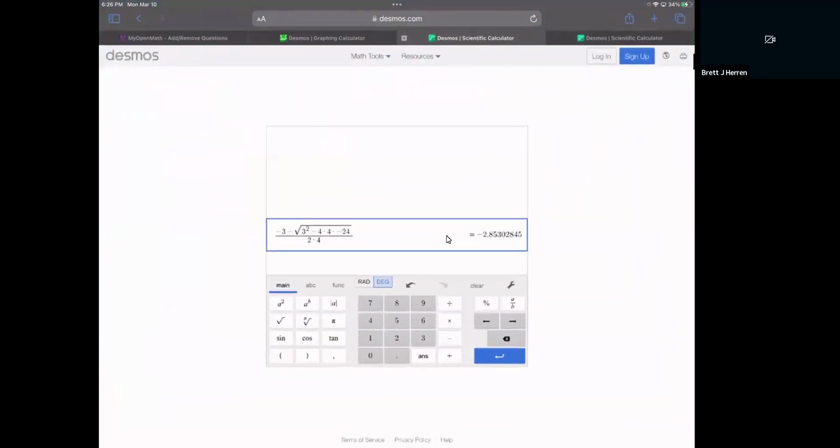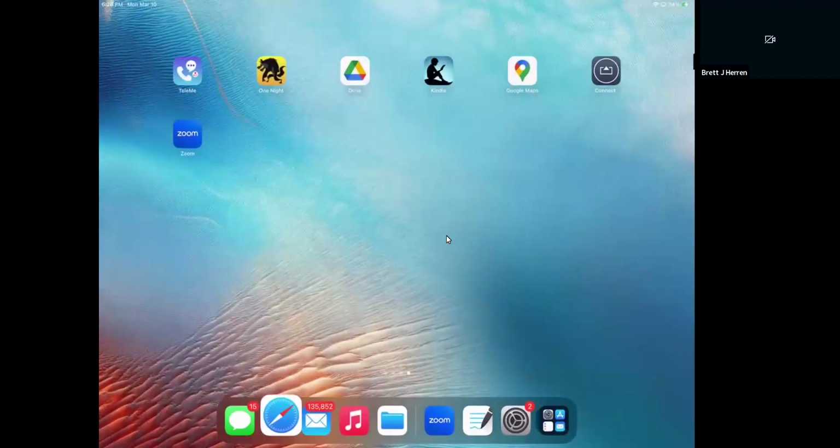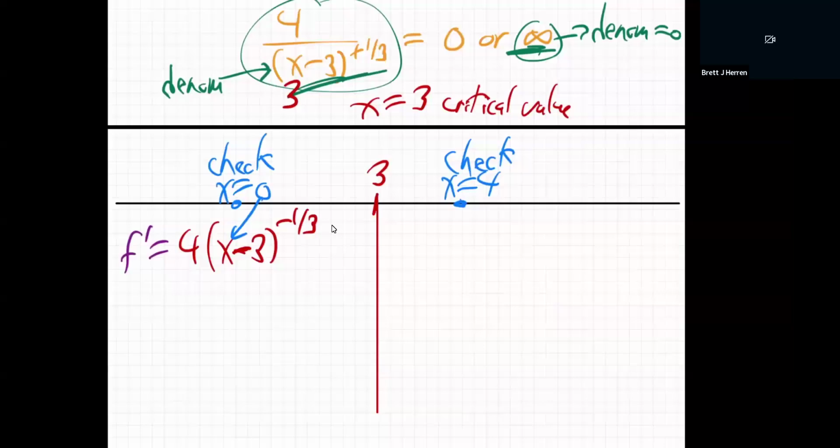So we come in here and calculate 4 times 0 minus 3 to the power negative 1/3. There we go. We get negative 2.77.